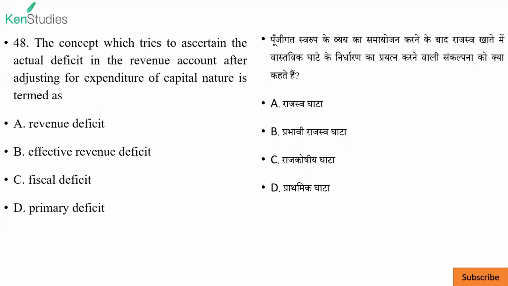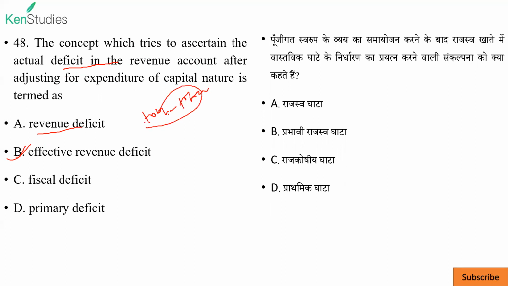Next, it is saying the concept which tries to ascertain the actual deficit in the revenue account after adjusting for expenditure of capital nature is termed as, it is effective revenue deficit. Okay, so revenue deficit is total revenue minus total revenue expenditure.